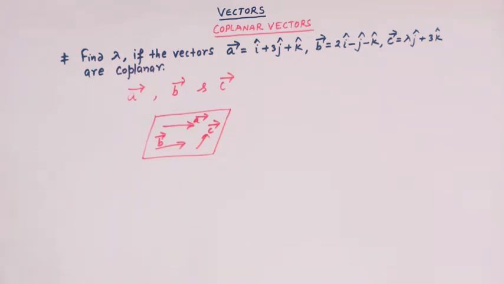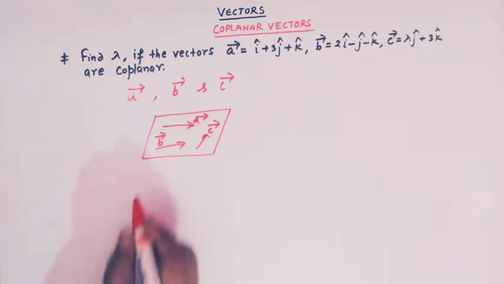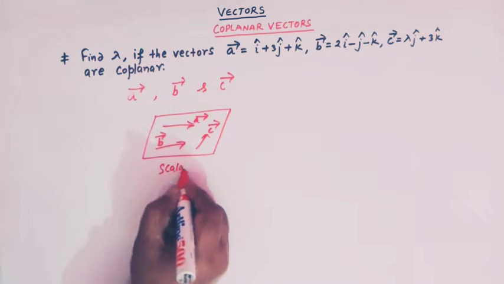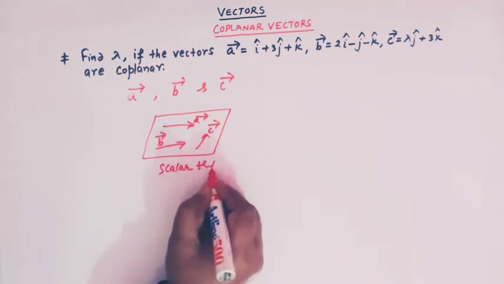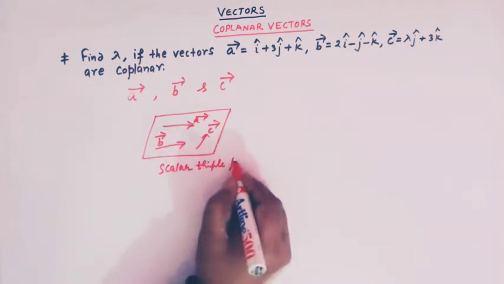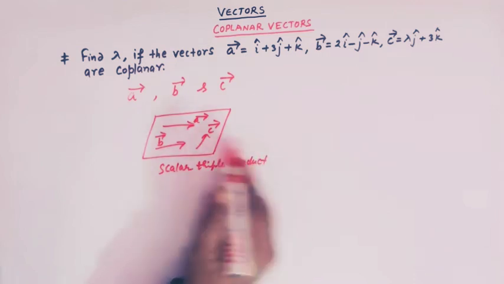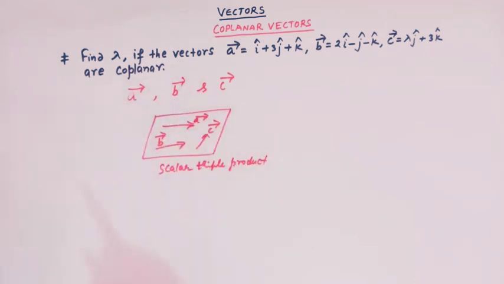But using the concept of vectors and the concept of scalar triple product, we can write a condition where any three vectors a, b, c are said to be coplanar.